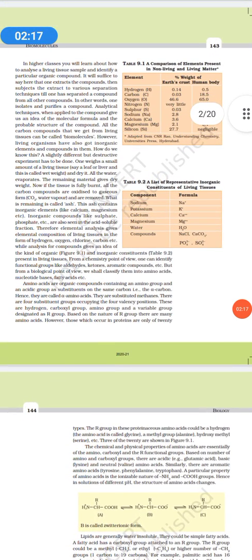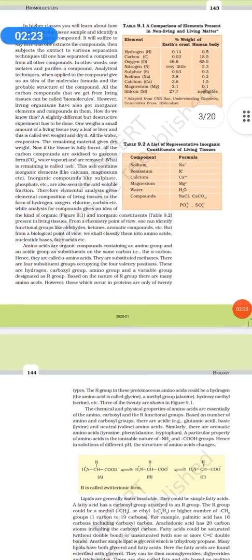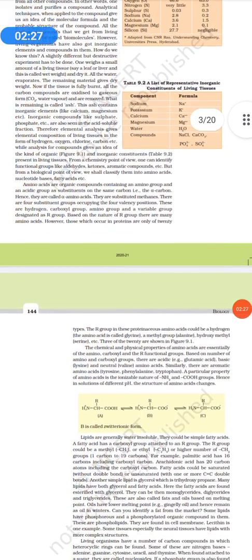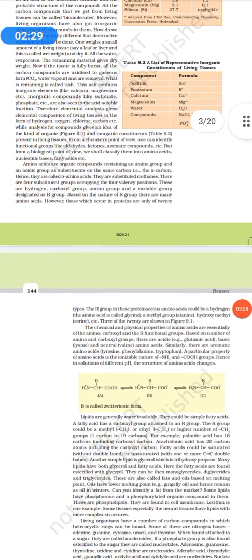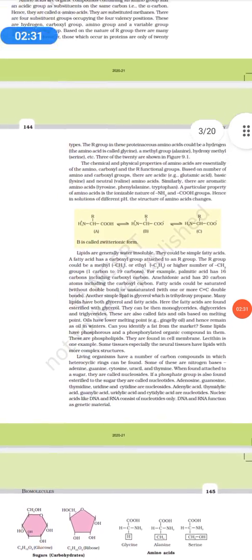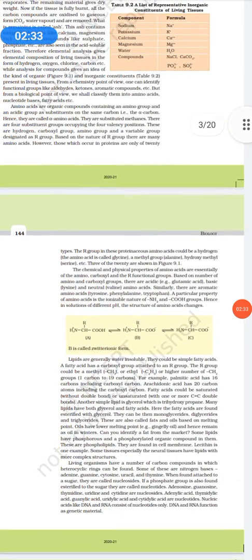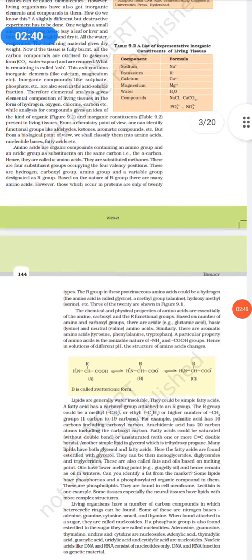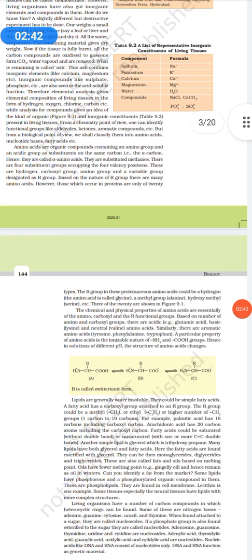Now there are different kinds of biomolecules. We have saccharides, that is carbohydrates, proteins, amino acids, and lipids. If we talk about amino acids, there are 20 amino acids.